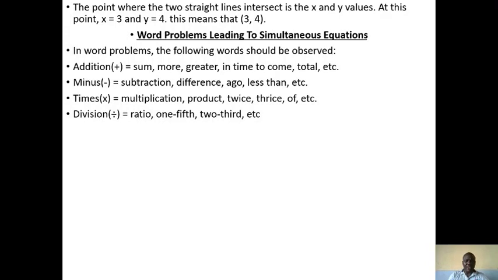When you hear something like multiplication, product, twice, thrice, of, etc., they are referring to times, which is multiplication. Anytime you hear something like ratio, like 1/5 to 1/3, they are referring to division. Even all over is referring to division. I hope it is clear.